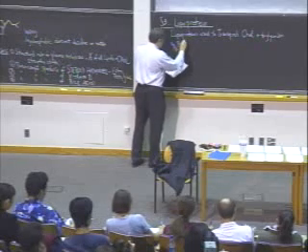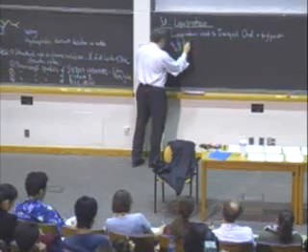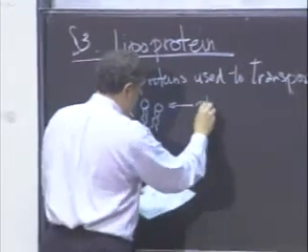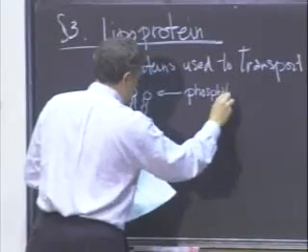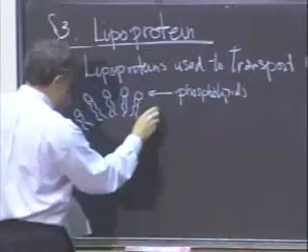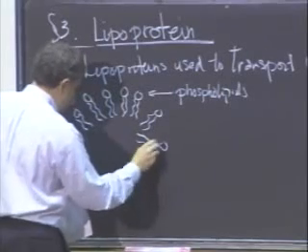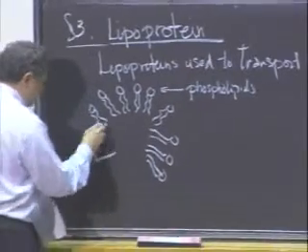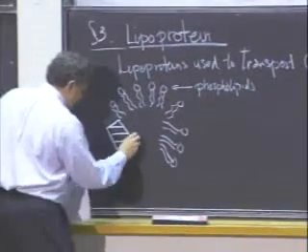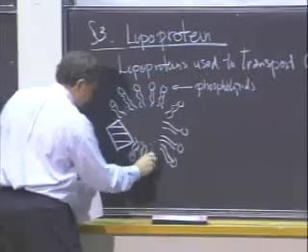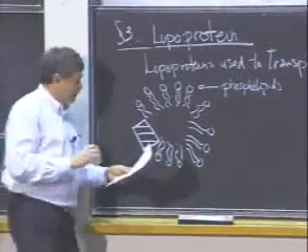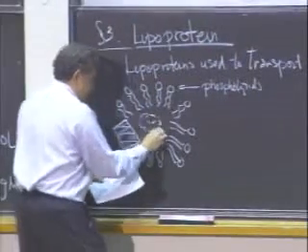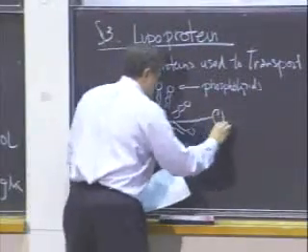They have a monolayer of phospholipids with some protein stuck in this monolayer of phospholipid. And inside is where these cholesterol esters go.